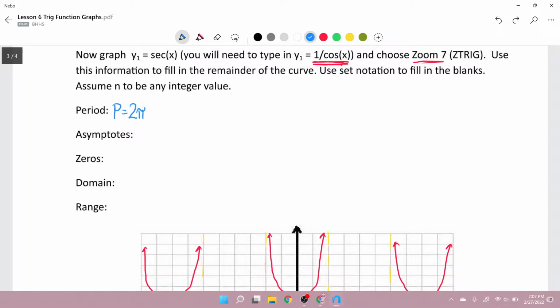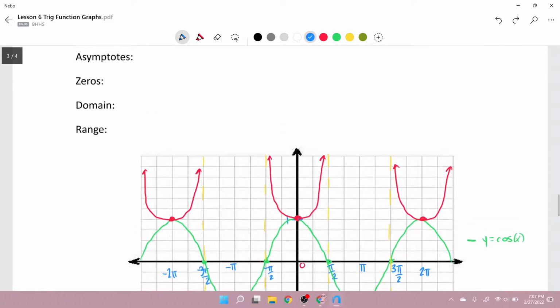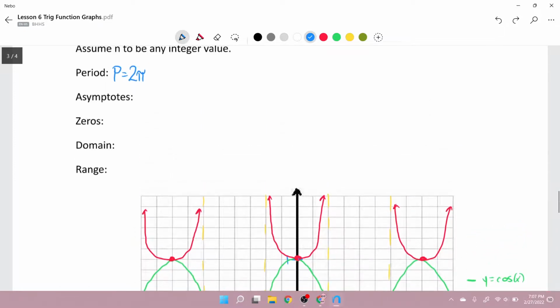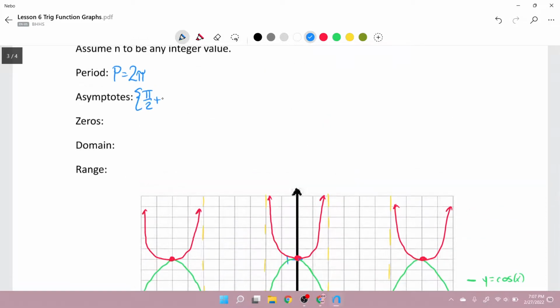Then our asymptotes start at pi halves, and pi units later we have another asymptote. So pi halves plus pi n.